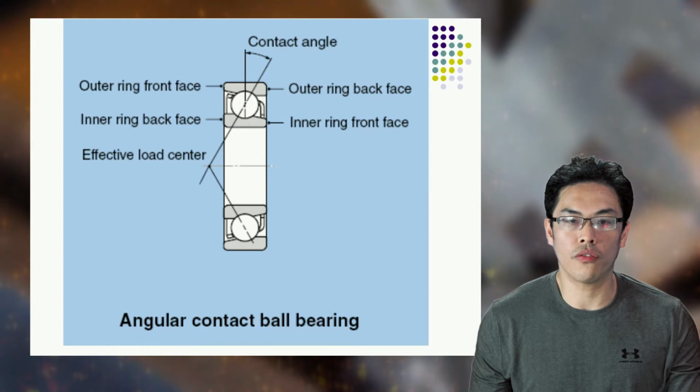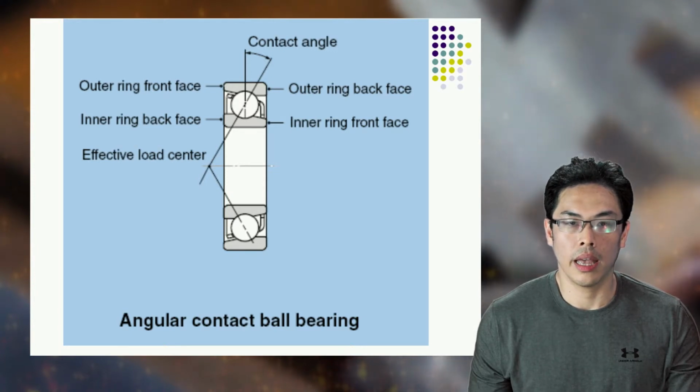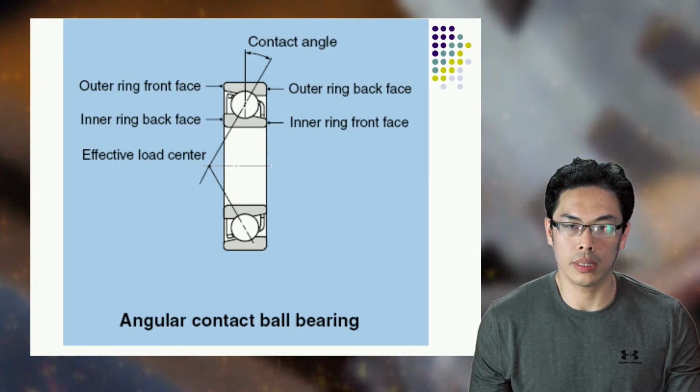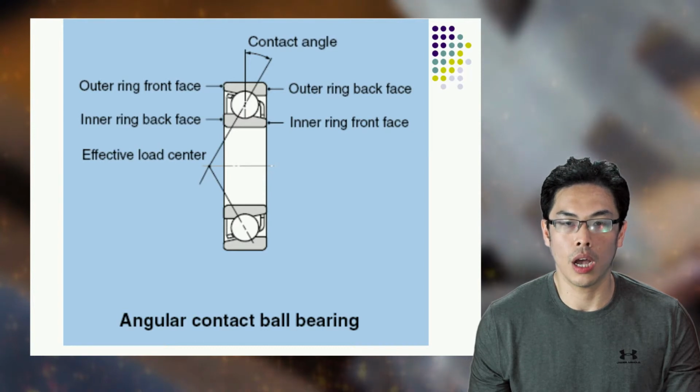Therefore, the angle of contact on the inner race is the same as that on the outer race. Angular contact bearings better support combined loads, and the contact angle of the bearing should be matched to the relative proportions of each.